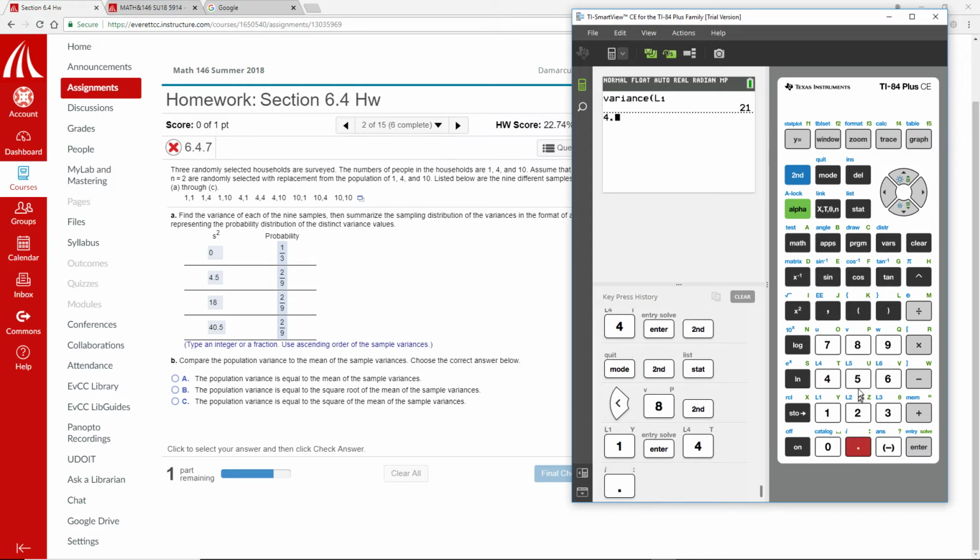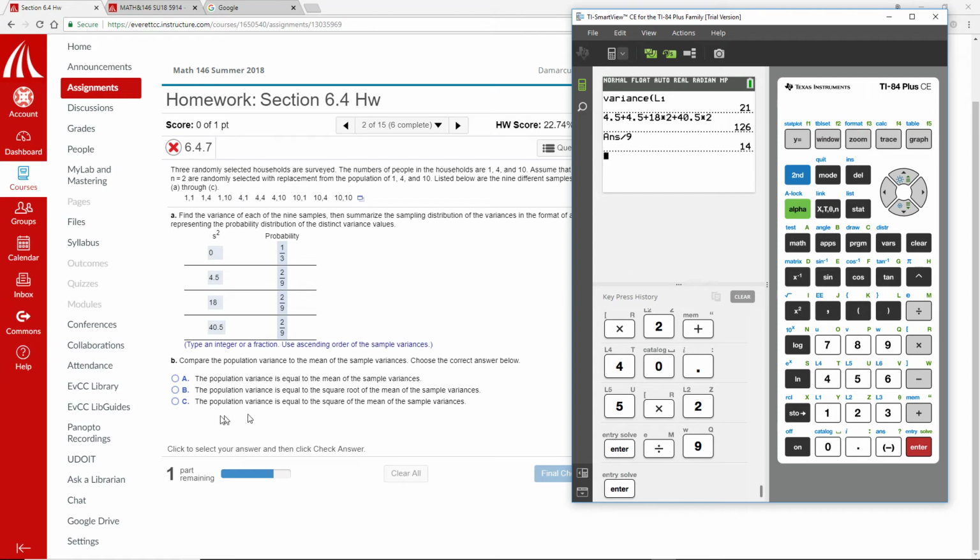So if I add 4.5 plus 4.5 plus 18 times 2 plus 40.5 times 2, divide by 9. You have to divide by 9.